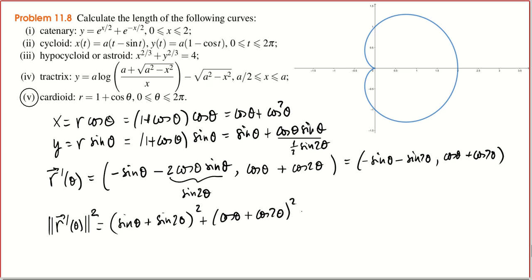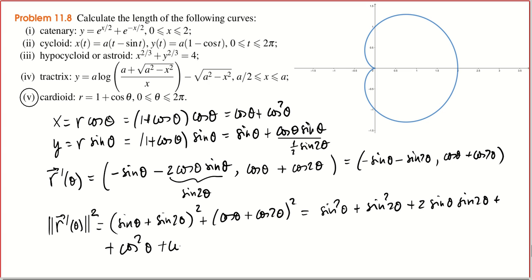So we square this and we get sine squared theta plus sine squared 2 theta plus 2 times sine theta sine 2 theta, plus cosine squared theta plus cosine squared 2 theta plus 2 times cosine theta cosine 2 theta.